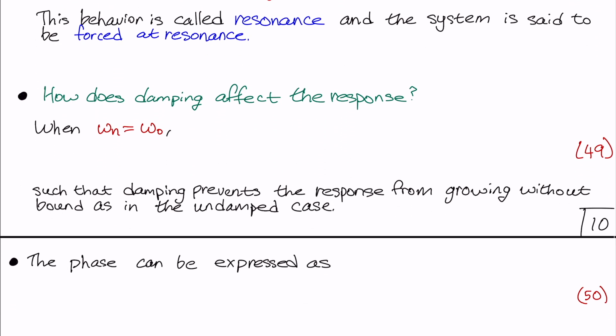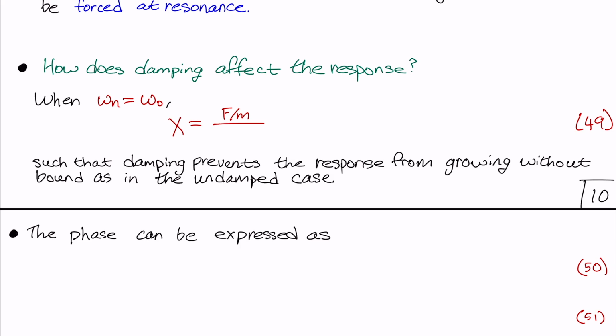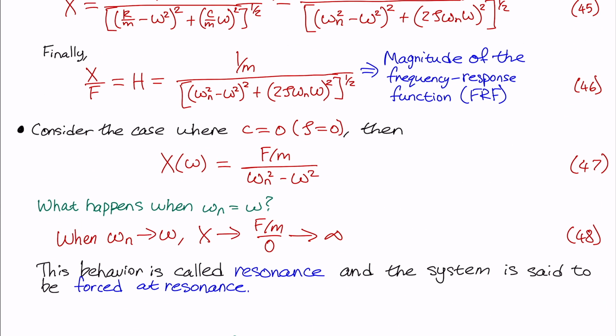And in this case, we will find here that big X will be equal to F divided by M divided by, if we come back up to our steady state equation, so let's make this laser green. So that term is going to disappear, but the denominator is still going to have a term contributed from the damping, or that zeta term.